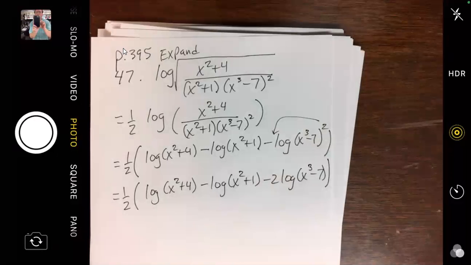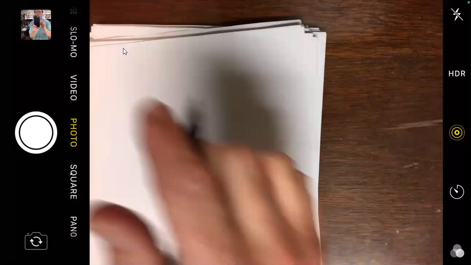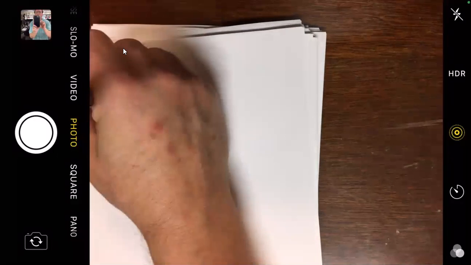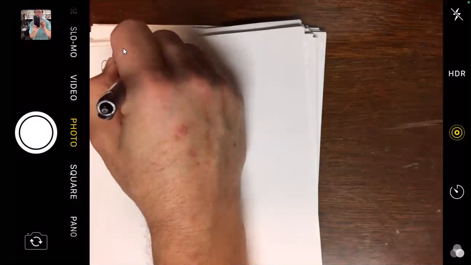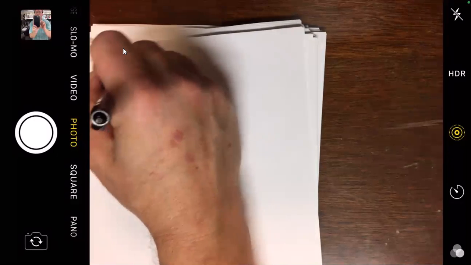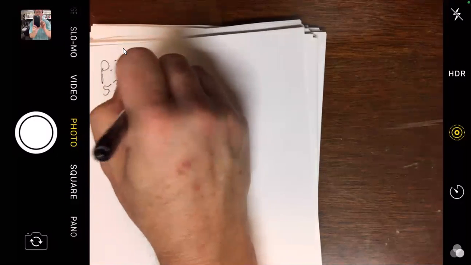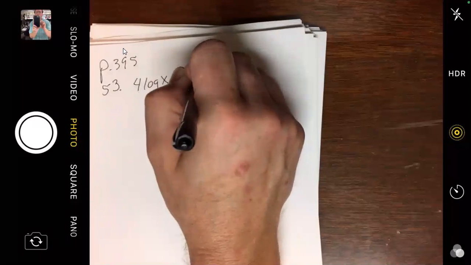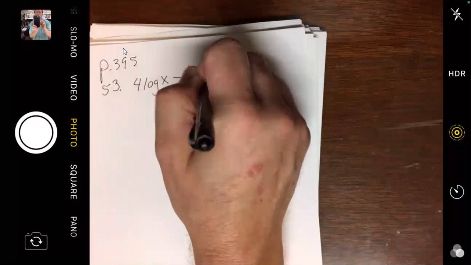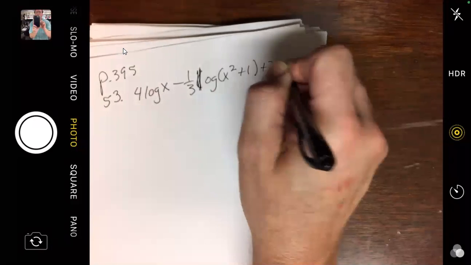Okay. Why don't we try page 395. Let's try 53. Taking a 4 log of x, subtracting 1/3 log of x squared plus 1, add a 2 log of x minus 1.